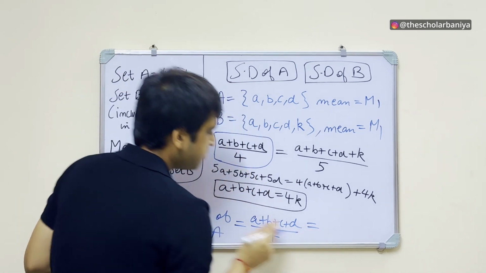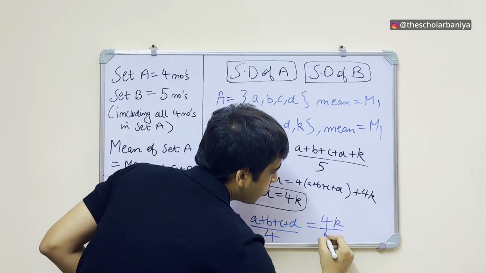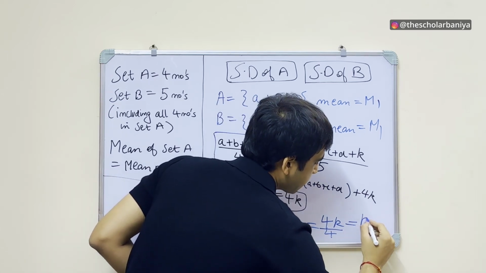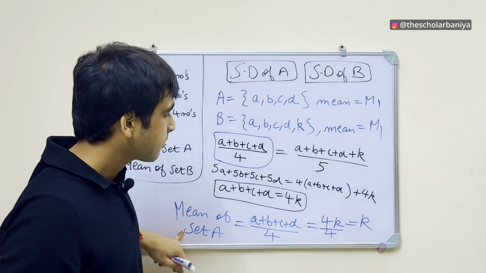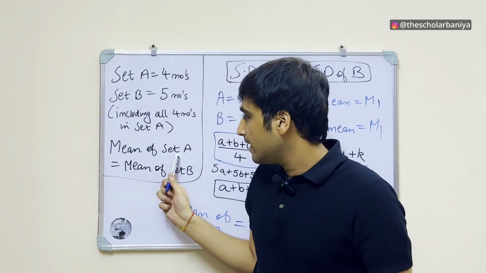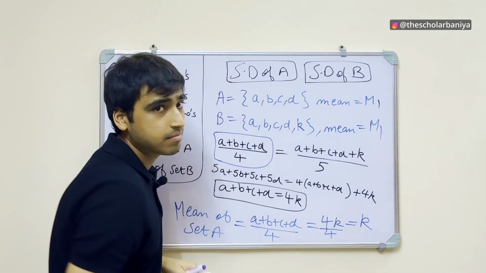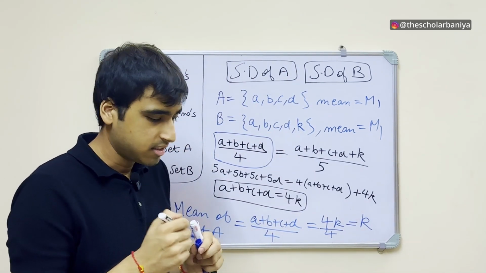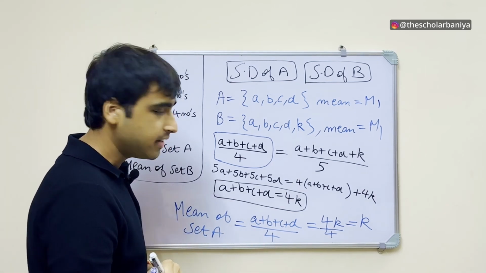And what is a plus b plus c plus d? It is 4K. So 4K upon 4, which is K. That means the mean of set A is equal to the mean of set B, which is equal to K. Are you understanding this? I hope this is clear.